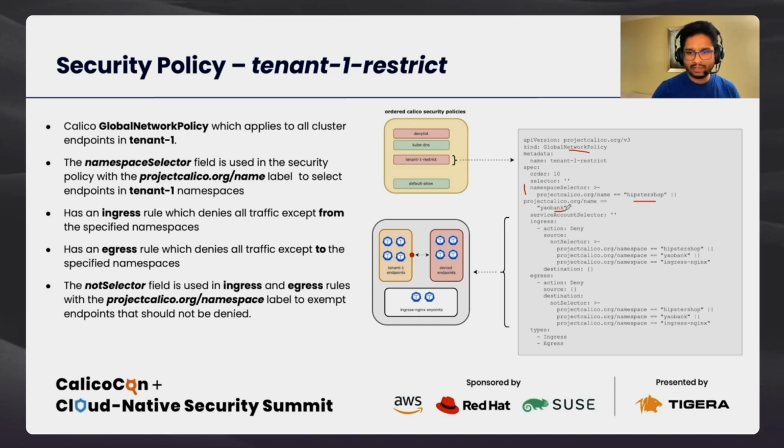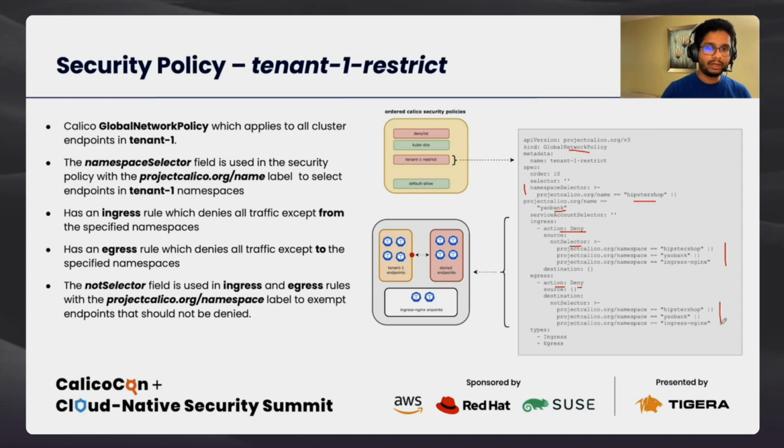In the ingress direction, there's a deny action. However, the not selector is used to exempt the endpoints that should not be denied. Similarly, in the egress direction, the action is a deny. Again, the not selector is used to exempt endpoints that should not be denied.